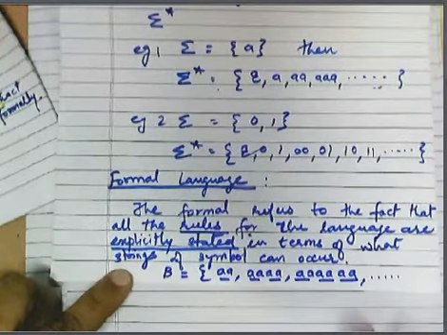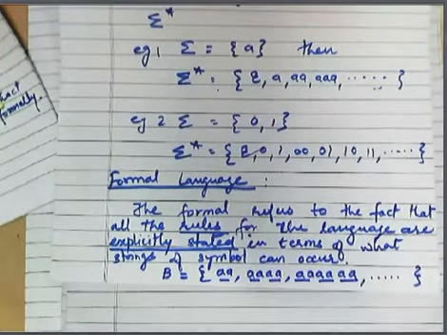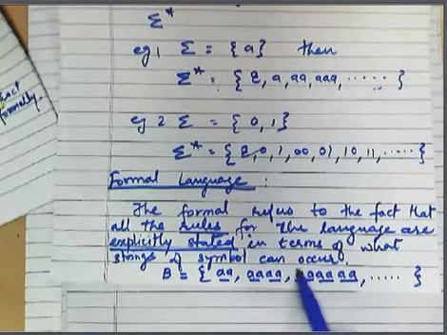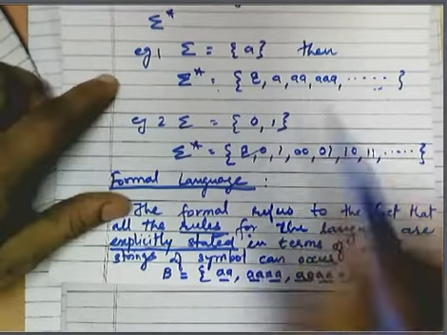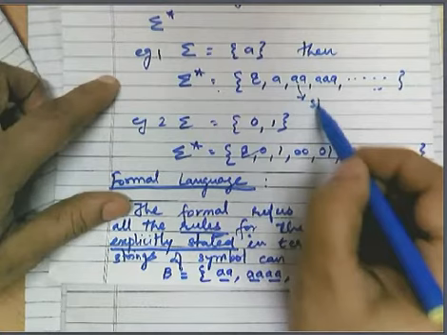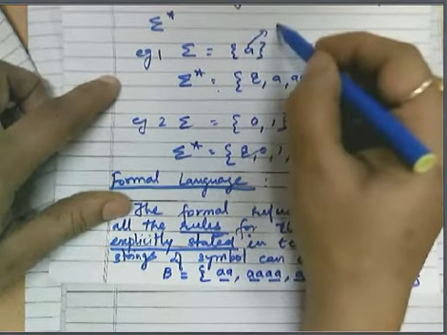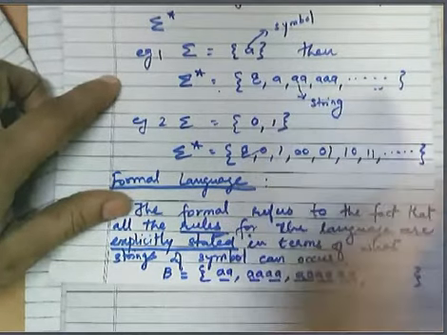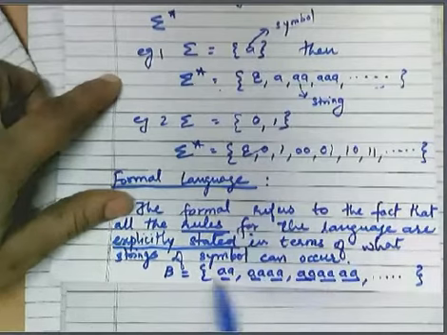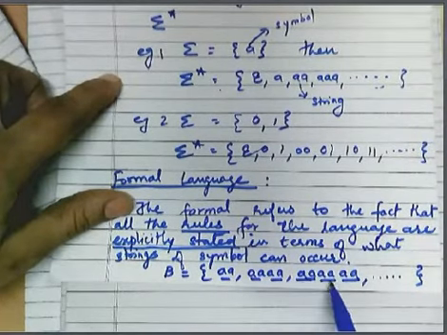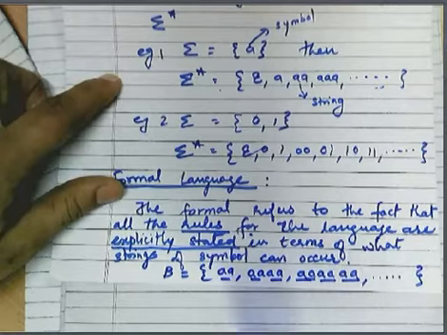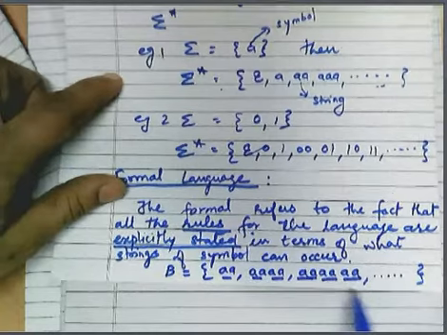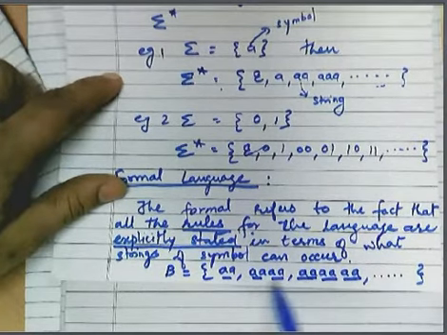So it is also an infinite language because I can define any number of strings. This is one string, is it? This is your string, right? This is your symbol. Okay, so using this symbol I am forming strings. Similarly, using this symbol I have formed all the strings, and as per the rules stated for the language, the string length in the language must be even. So I can have only this set of strings.